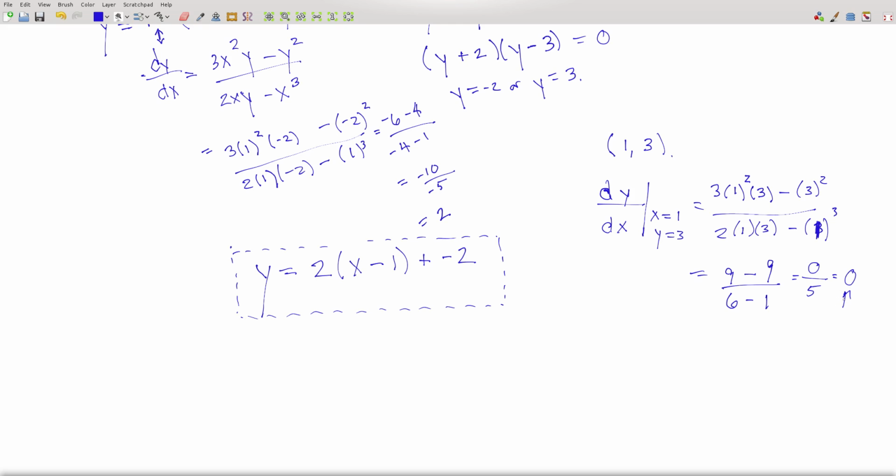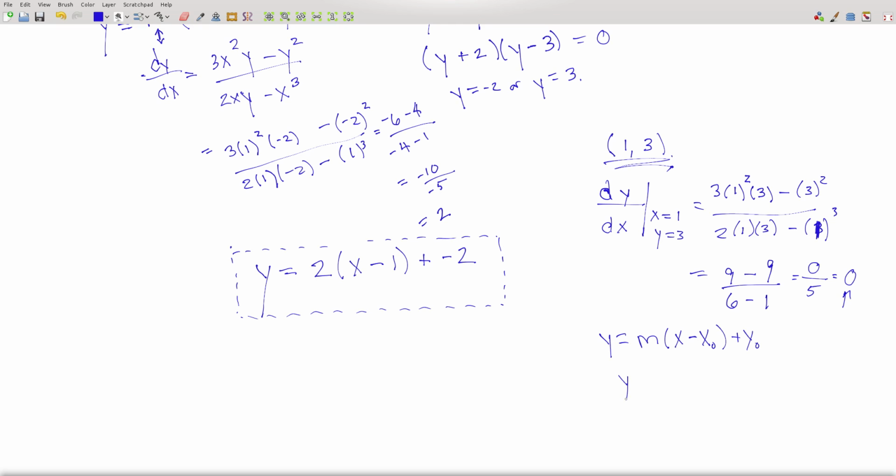So the slope of the tangent line at the point x equals 1, y equals 3, the point 1, 3, is 0. So what does that mean? Well, let's use this slope-point form of a line. This is y equals m times the quantity x minus some x value plus some y value.